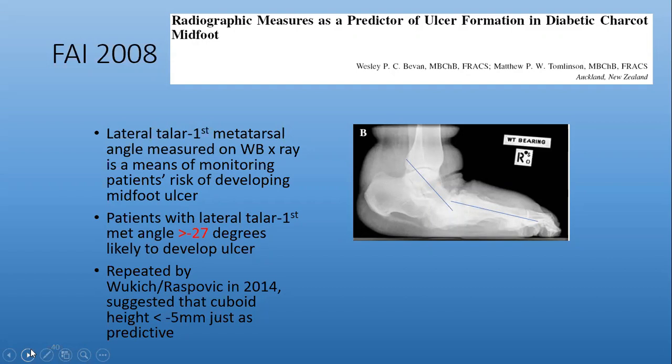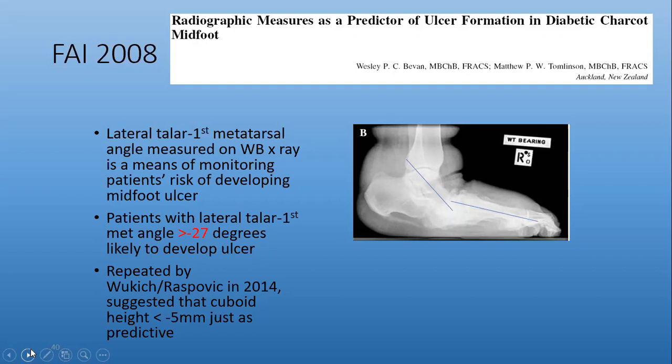So whenever you're planning these surgical interventions, or non-surgical interventions, but surgical interventions, you want to make sure you're dealing with that driving force, that Achilles tendon pulling proximally on that calcaneus has to be counteracted somehow.